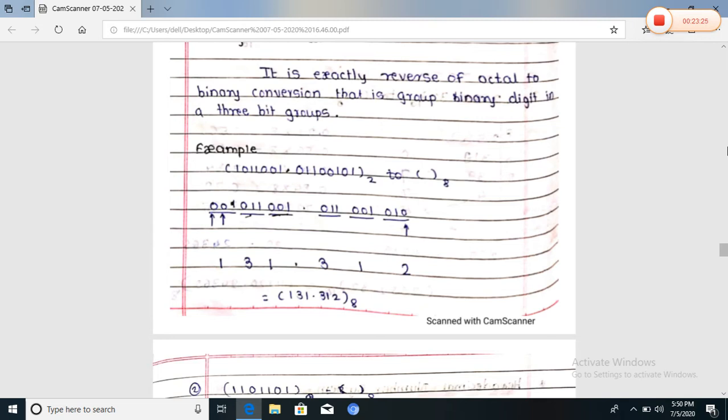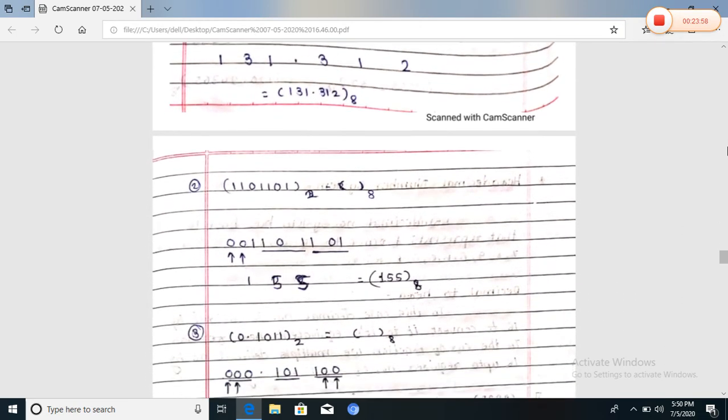So this number is represented in 3-bit groups, and you have to write the octal digit for each group. The first group 0 0 1 in the octal number system is 1. The group 0 1 1 represents 3. The group 1 0 1 ... and the group 0 0 1 is represented as 1. The group 0 1 0 is represented as 2. Each 3-bit group is represented as one digit in the octal number system.